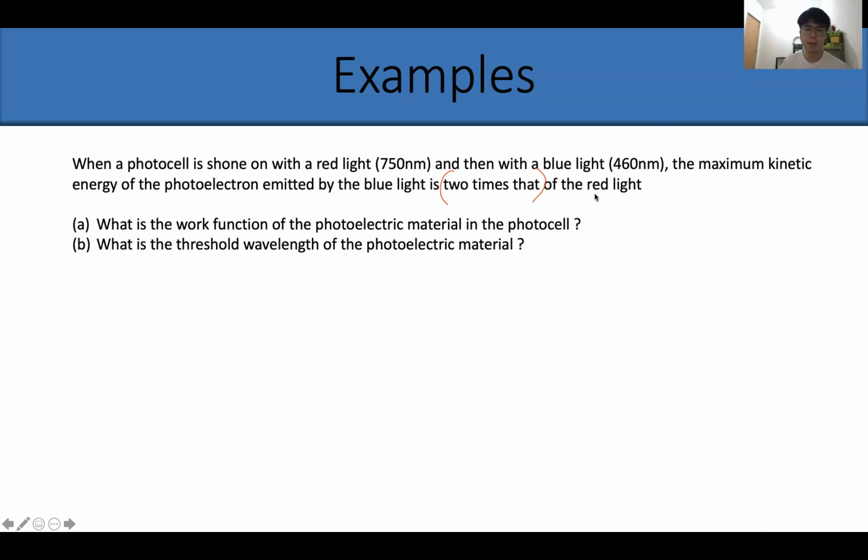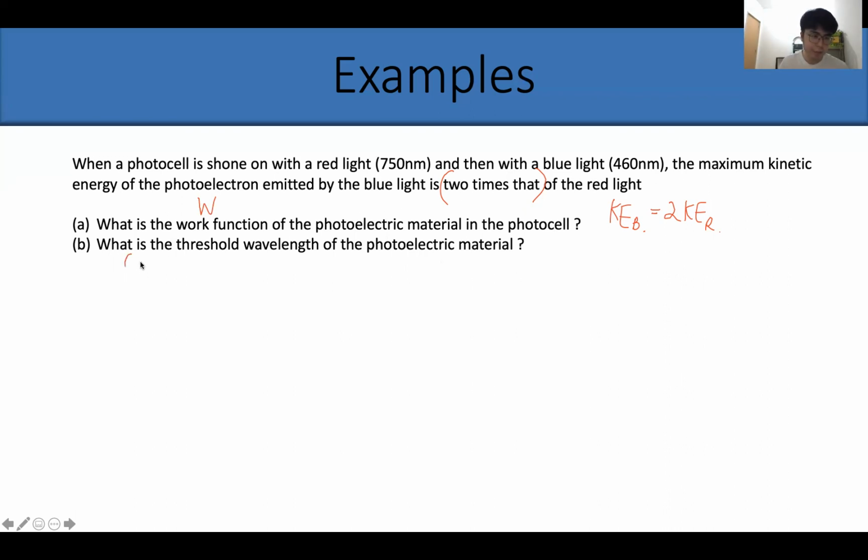So that means the kinetic energy of the blue light, KEB, equals 2 times the kinetic energy of red light. What do we want to find here? What is the work function of the photoelectric material in the photocell? We want to find W.